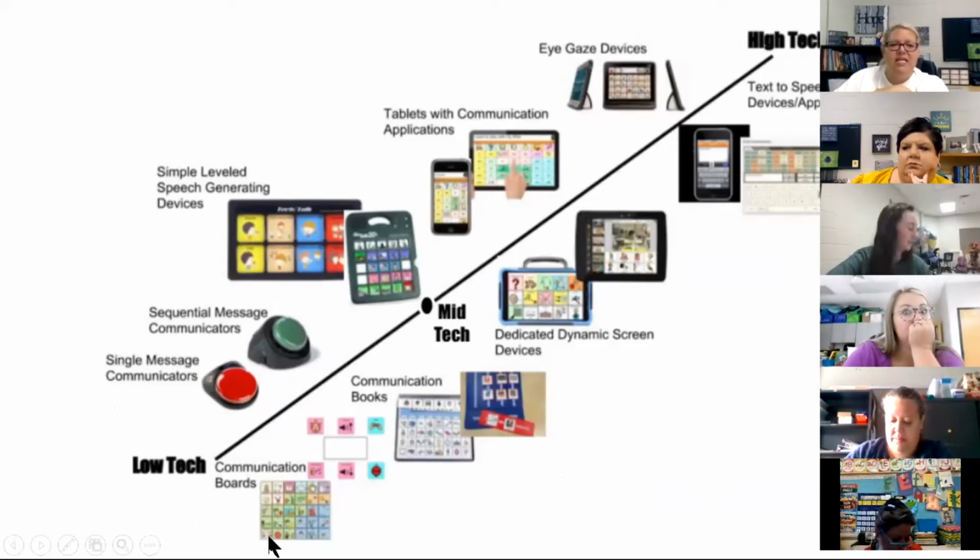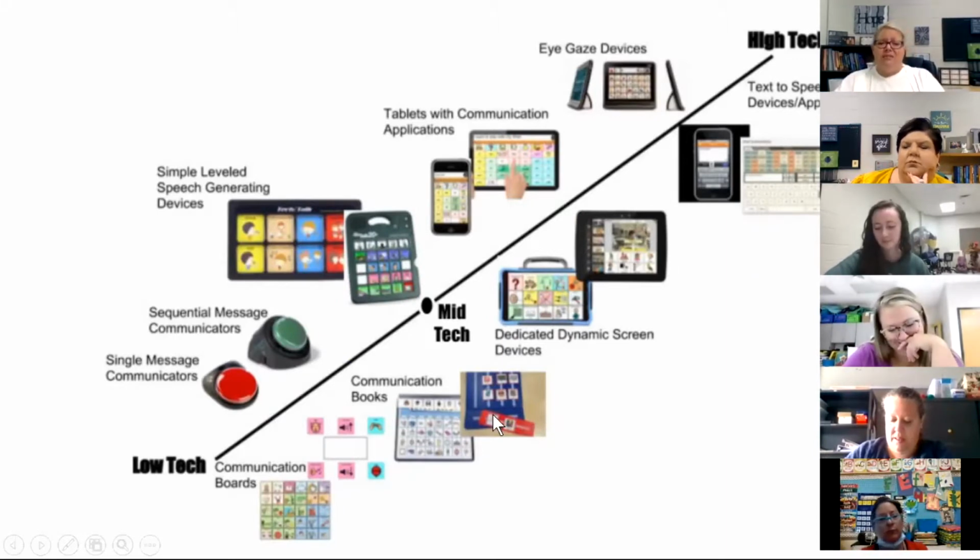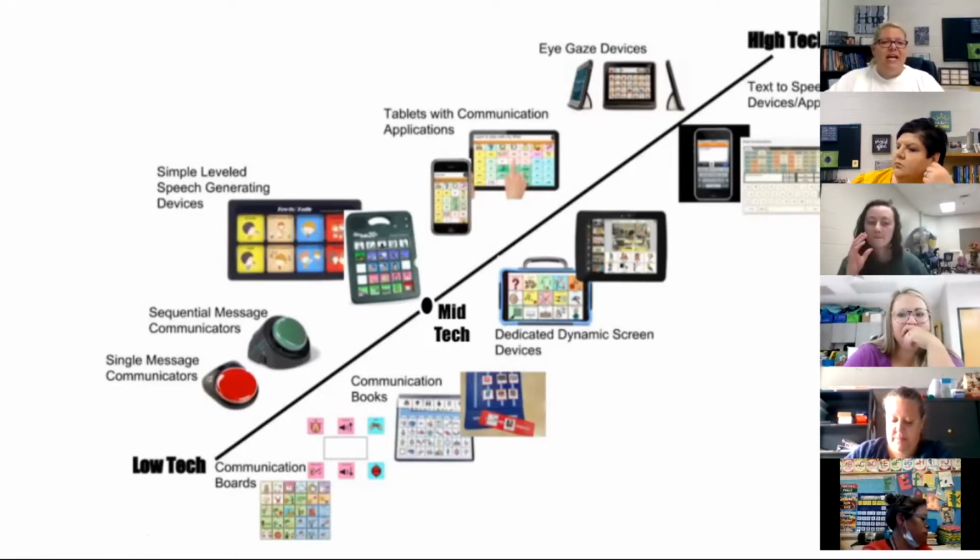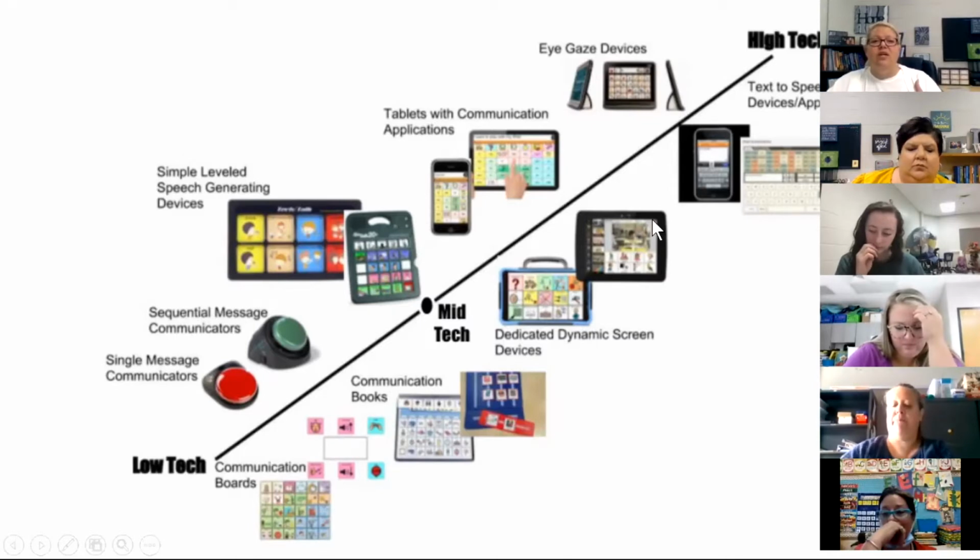Low tech is communication boards and eye gaze boards and books and PECs, those things that don't require batteries. Mid-tech are items that require batteries: Go Talks, single message devices like Big Macs or step-by-steps. And then high-tech devices go on up into the tablets, Proloquo, the Dynavox, those kind of things.